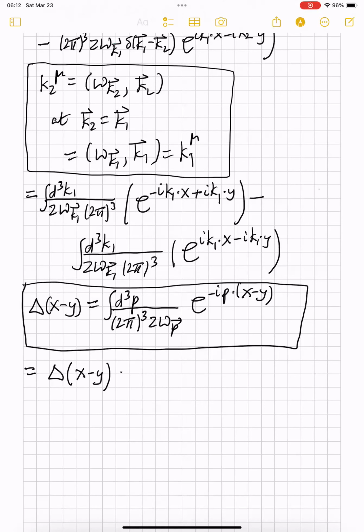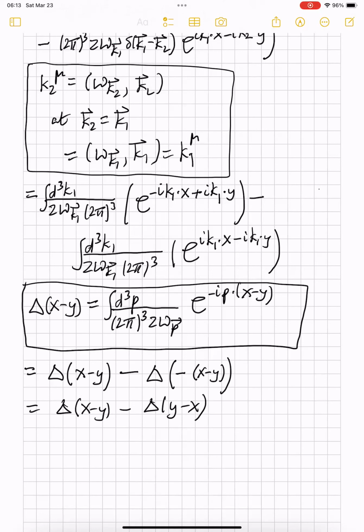And then we will have minus; the second term is also a delta, exactly the same integral, but now it is minus x minus y. You could equivalently write it as delta of x minus y minus delta of y minus x. That's the answer that we've gotten so far for our commutator.